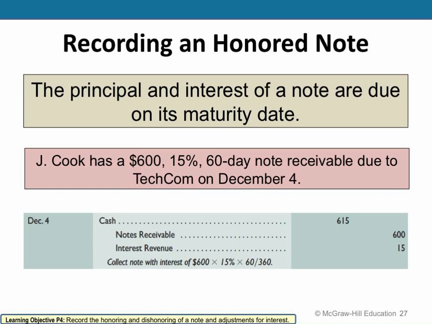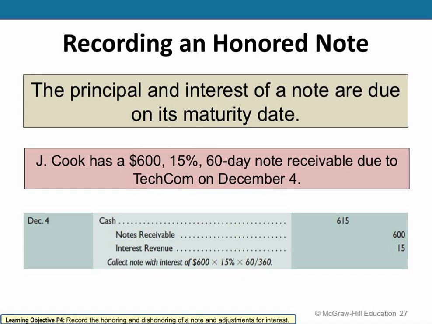And then once it's due, in this example, we're going to have both the principal and the interest due on the maturity date. Here we've got $600 with a 15% 60-day note that's due on December 4th. On December 4th, we would get the $615 in cash, and that's going to be broken up by the notes receivable that we previously had debited at the time of the sale.